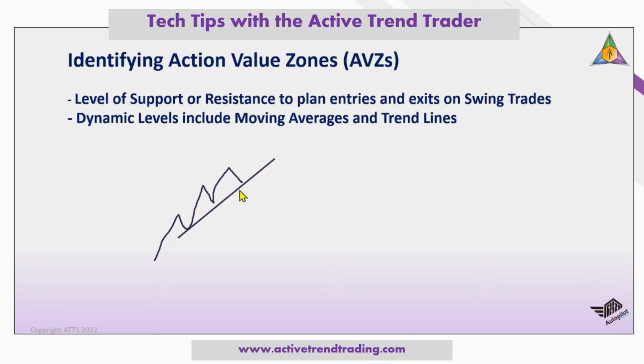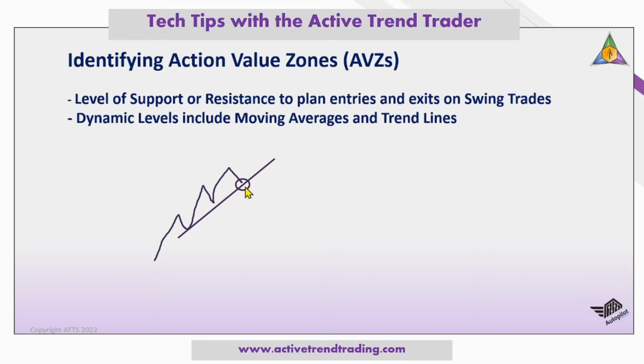Well, I can identify, and I'm waiting for a pullback into that trend line to take a trade right there, or to set up a trade, I should say. That is the level right there where it's a low risk level to try to get into a position. Why?